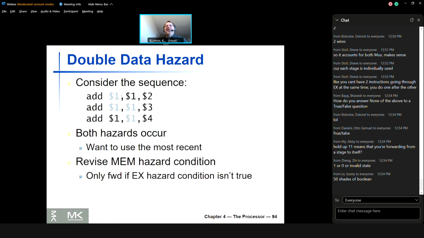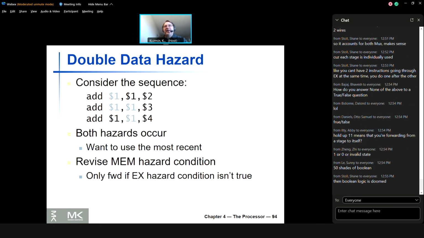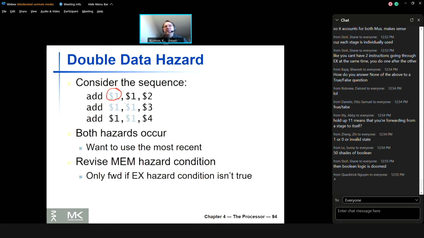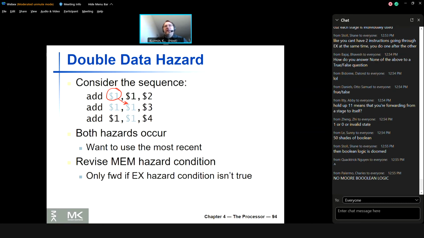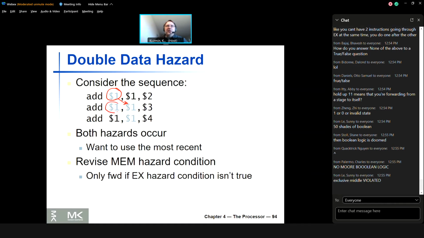So here we have a data hazard, no doubts about that. We have this instruction that is writing to register 1, which is being read by the second instruction. And then look, here is another instruction writing to register 1 again.